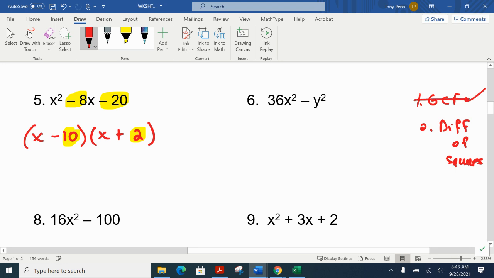So once we know there isn't a greatest common factor, then we identify, is there a difference? There is a difference. And it is a difference of perfect squares. So is 36x squared and y squared, are those both perfect squares? Yeah, right? So this is what we did for homework last night. We then go ahead. We know that one's going to be a sum, one's going to be a difference, one's a plus, one's a minus. And then what do we square to get 36?